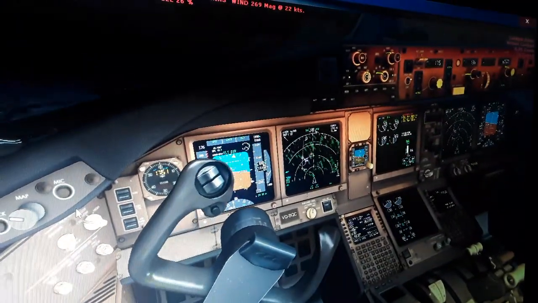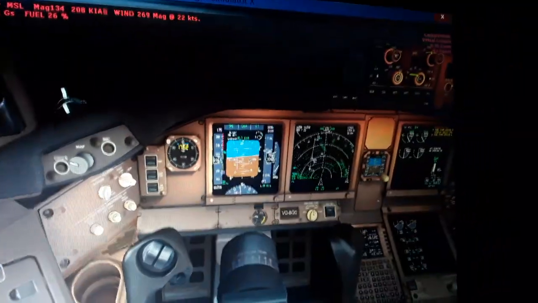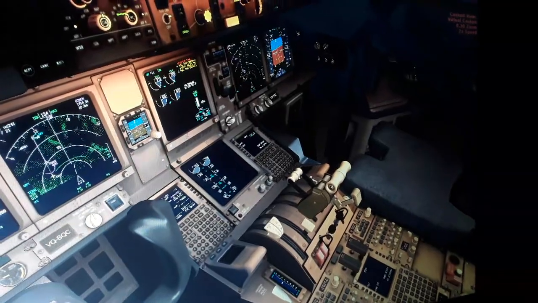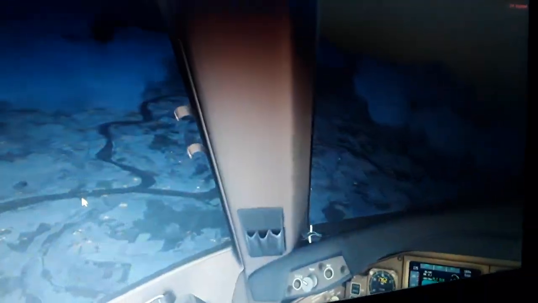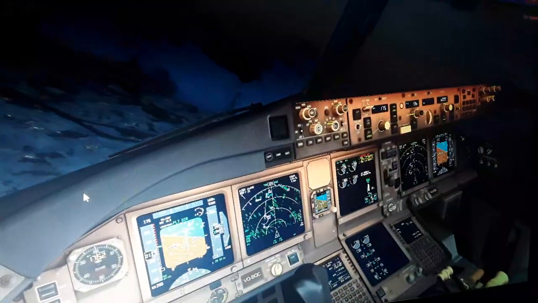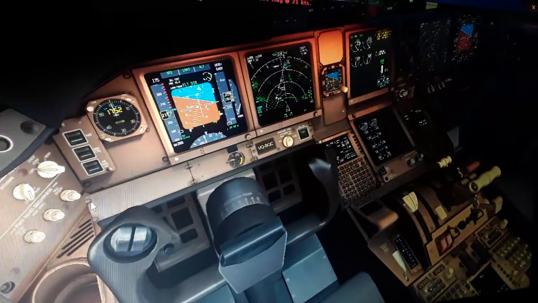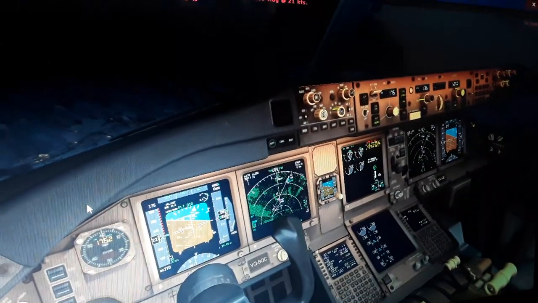Having some 4 more minutes left for this flight. So hopefully we're gonna make it. 10,000 feet. We have the river here. Keep descending. 8,000 feet.